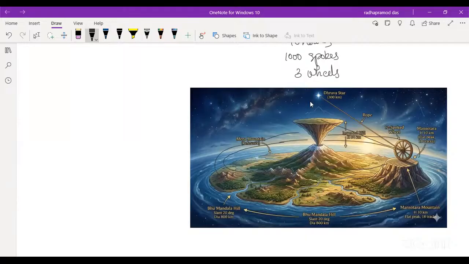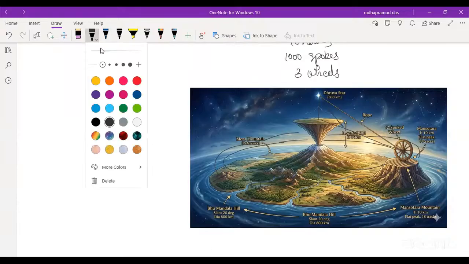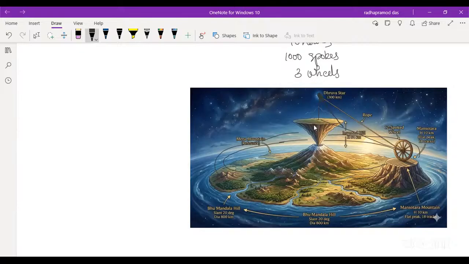And then there are two lines. I'll draw one more line here and make it thick for you. So there is one more line from Dhruva's pole star.